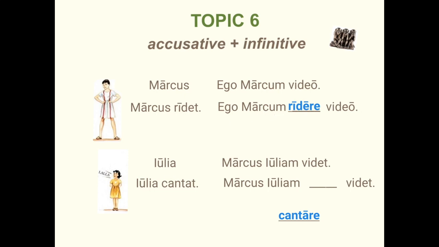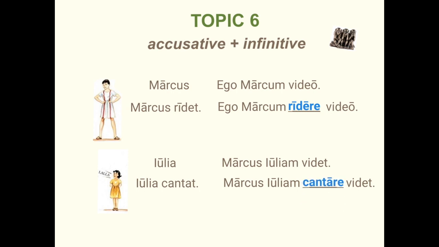Let's look at another example of this. Here we have Julia, and let's imagine that Marcus is seeing her. So we'd say Marcus videt Juliam, Marcus Juliam videt. But he sees Julia not just standing there, but rather singing. How would we express that? Julia cantat. We would say Marcus videt Juliam, and again we would take the infinitive and just pop it right into that blank spot, cantare.